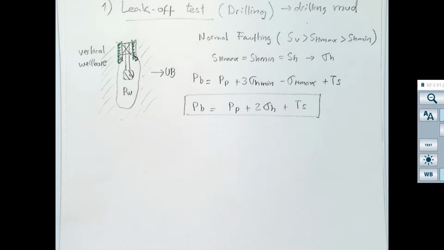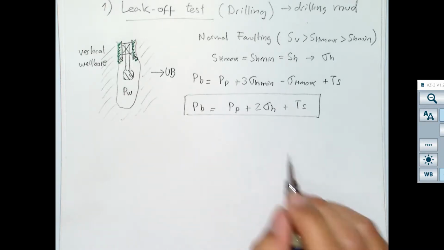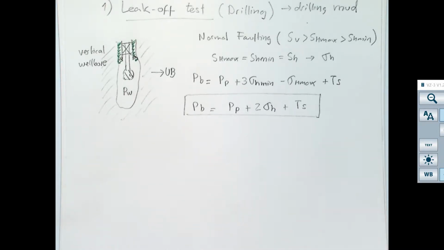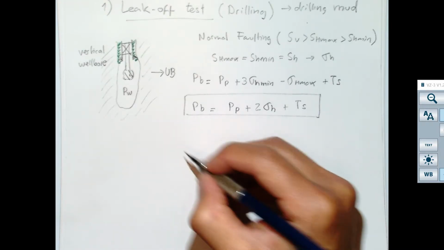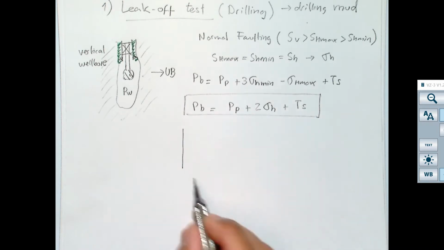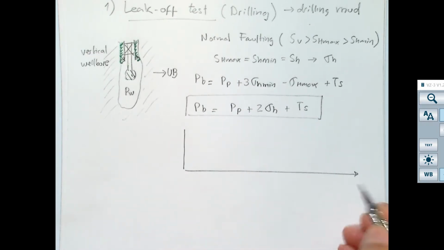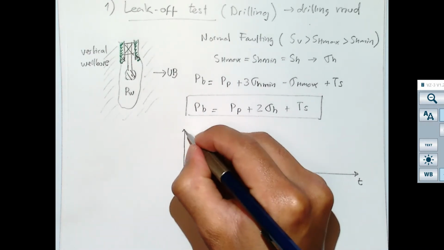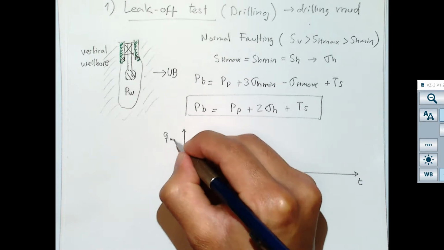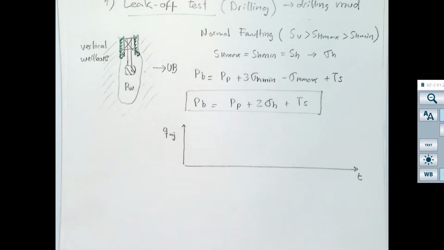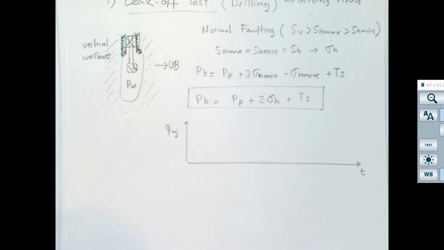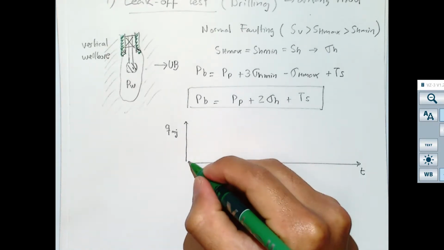All right, so let's see how that would affect the pressure response in a wellbore when I inject a fluid. So I'm going to draw here the injection rate as a function of time, and I'm going to have cycles.